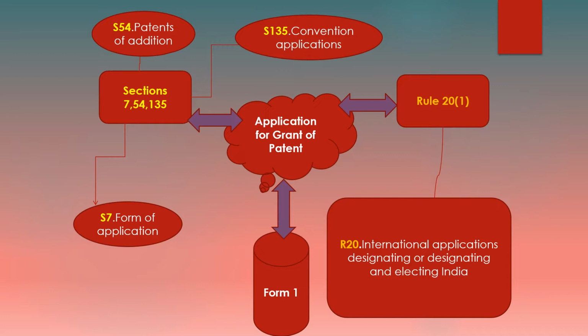Fine, the sections discussed were section 7, section 54 and section 135, and all these sections we have individually discussed as well. So now is the turn for Rule 20. Rule 20 is International Applications Designating and Electing India. Okay, so let's proceed.